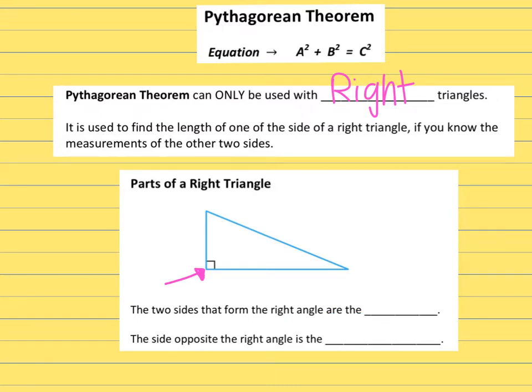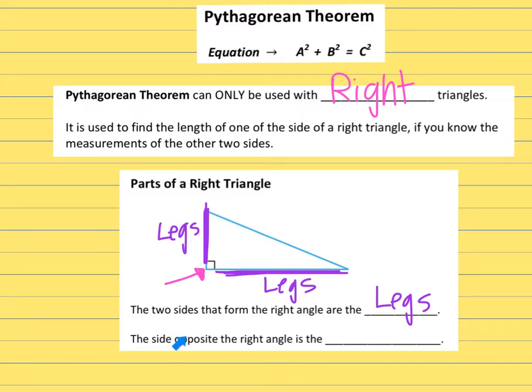We're going to fill that in as our missing word. The two lines that connect to make the right angle, these are called legs.